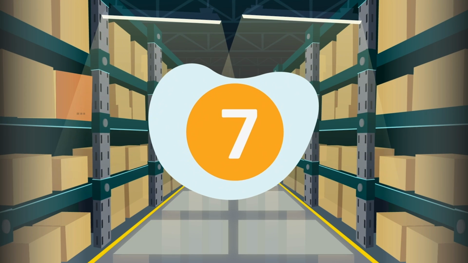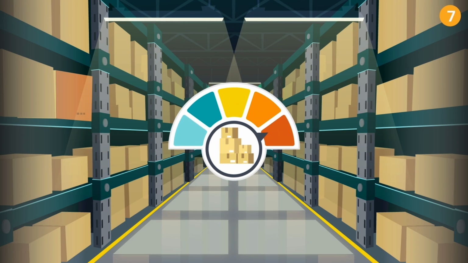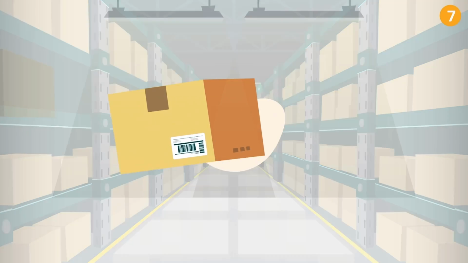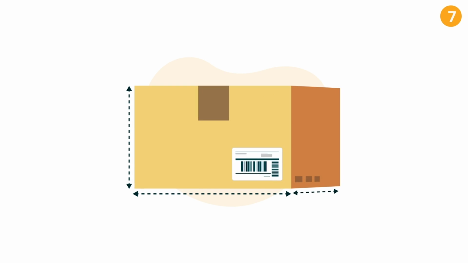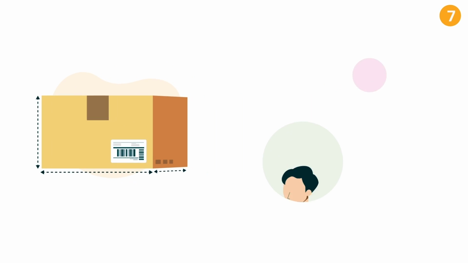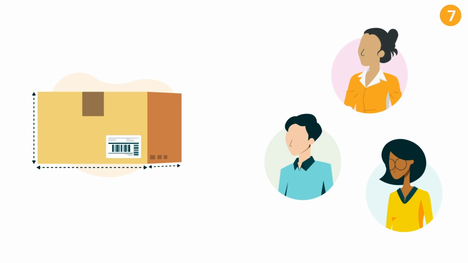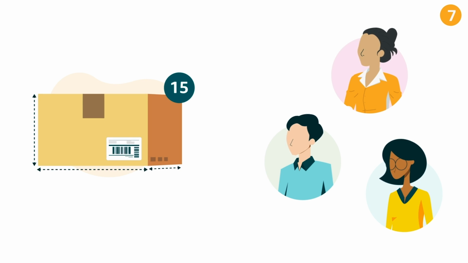The seventh requirement involves FBA inventory capacity limits. Capacity limits for each storage and account type are based on volume and measured in cubic feet. Individual sellers have a fixed capacity limit of 15 cubic feet.